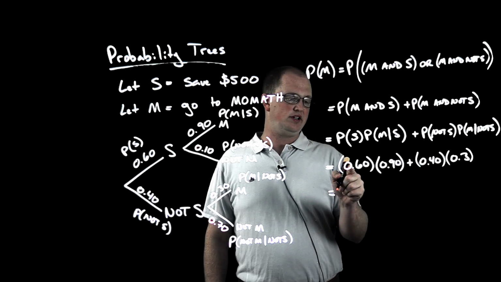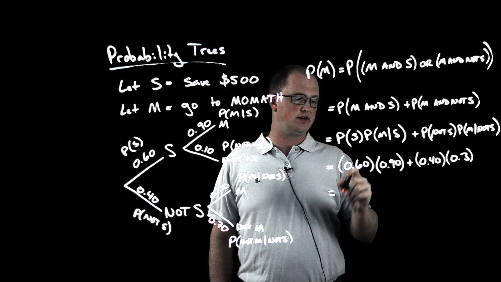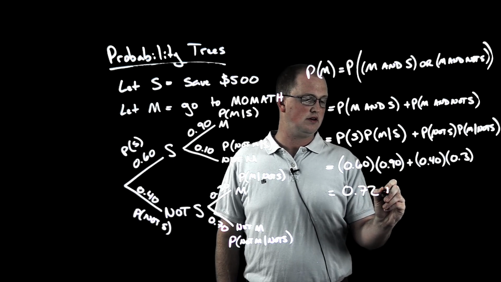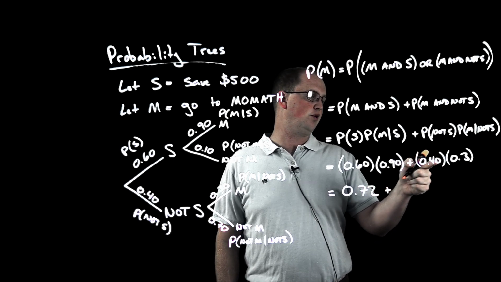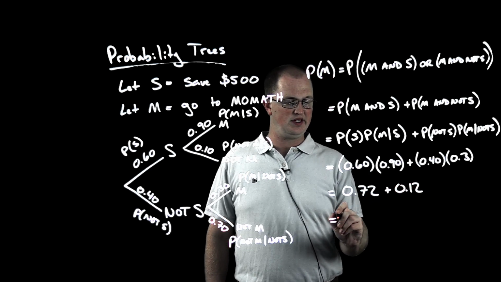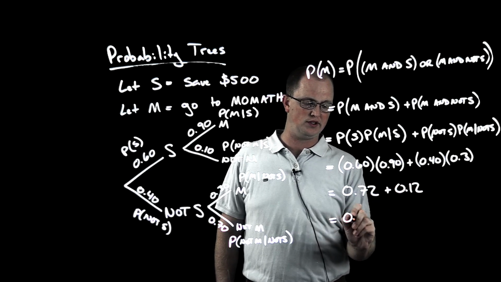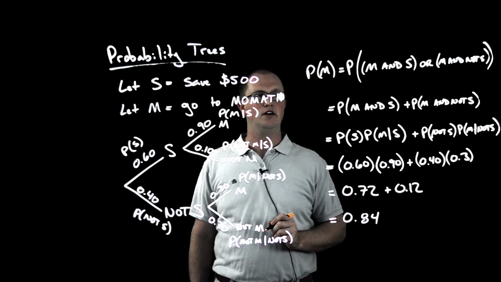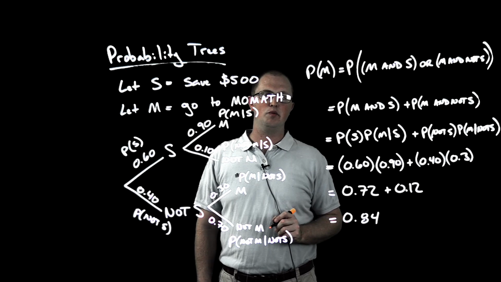And 0.6 times 0.9 gives us 0.72. And 0.4 times 0.3 gives us 0.12. And so that means in total, we have a probability of 84% of making it to MOMAF.